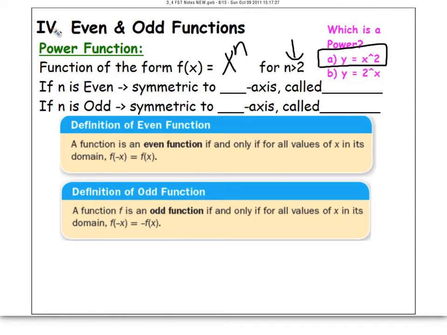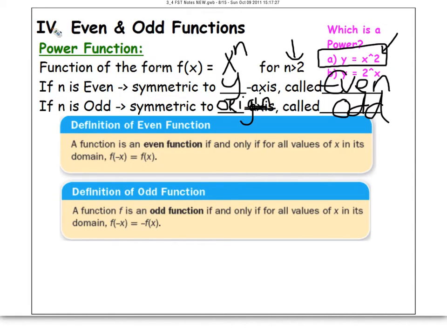Typically, if n is an even number, it could be symmetric to the y-axis, which means we call it an even function because of the exponent. Well, if the exponent instead isn't a 2, but it's a 3, a 5, or a 7, that's an odd power. So it tends to be symmetric to the origin. So it'll have rotational symmetry, and we call that an odd function.